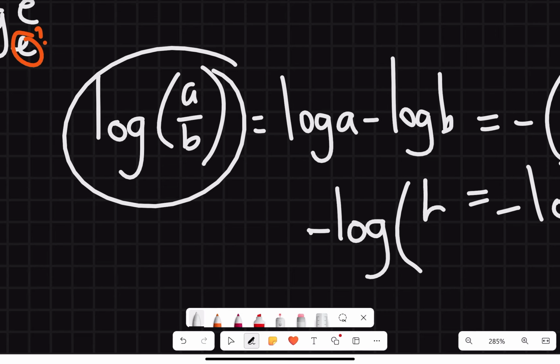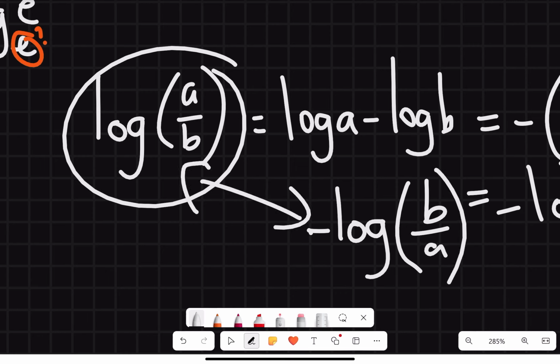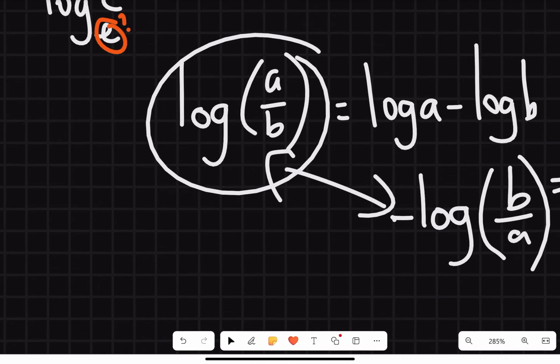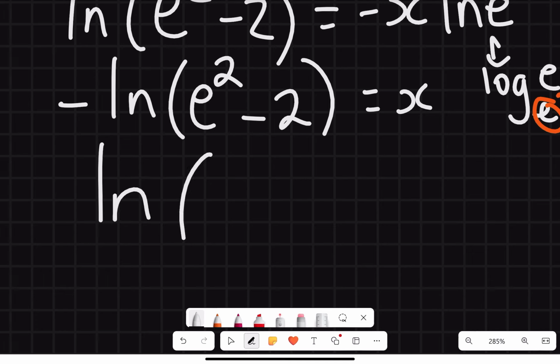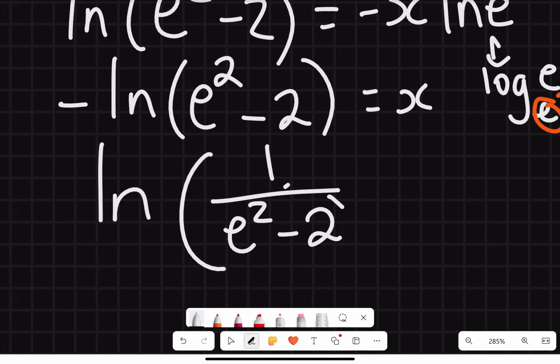So this and that are exactly the same. So using this rule, if I need to make the ln positive, I'll have to flip this. Now it's all over 1, so the 1 will come on top, and then I have e^2 - 2. Then that is equal to x.